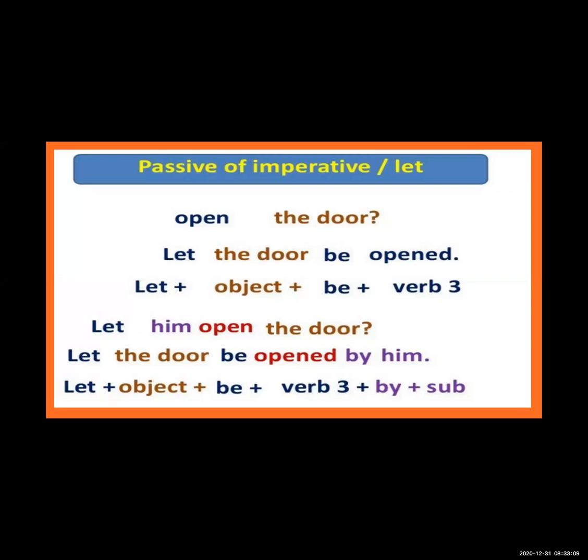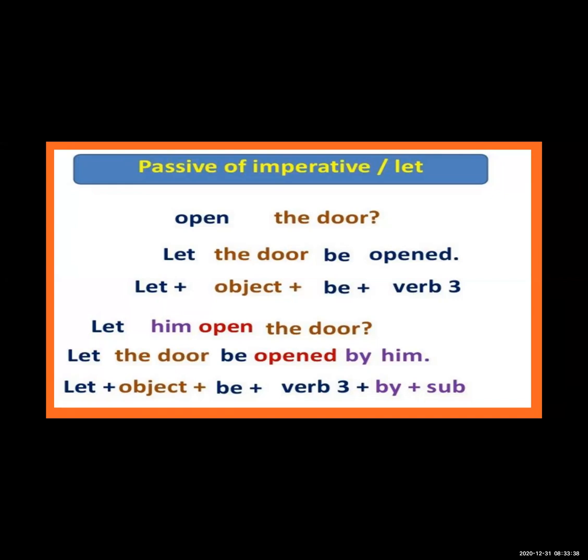So how we will convert? So the formula is given. First we have to use let. Let means when you are converting imperative sentence into passive form, this formula is to be followed. Let plus object. What is the object now? Yes, open the door. In this sentence, what is the object? The last portion you have to see.